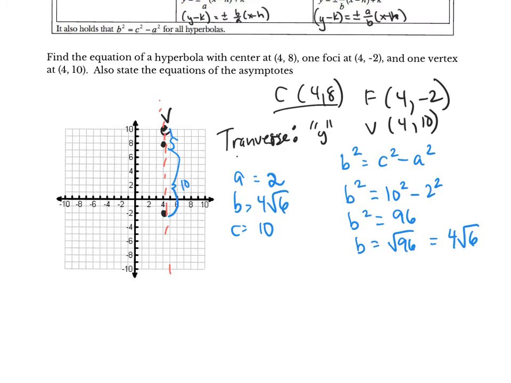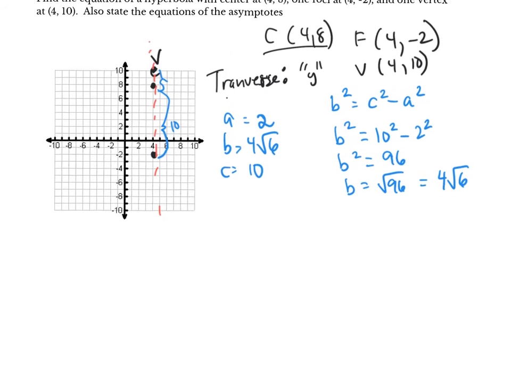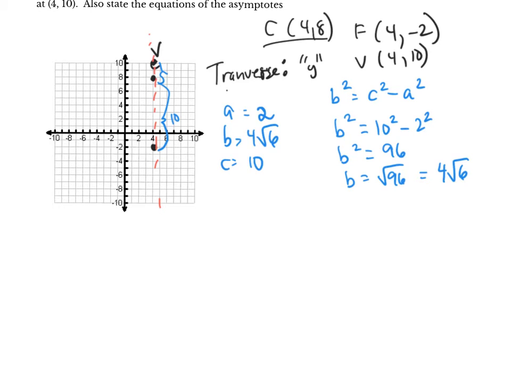But for our equation, all we really need is b squared. So now we can write our equation. I'm going to start with the y, because the transverse axis is the y, something squared, and then I'll have the x second. Now I have to put my center in there, so it's going to be minus 8 and minus 4.